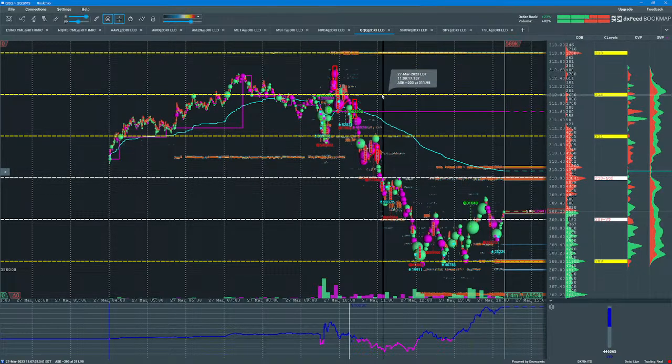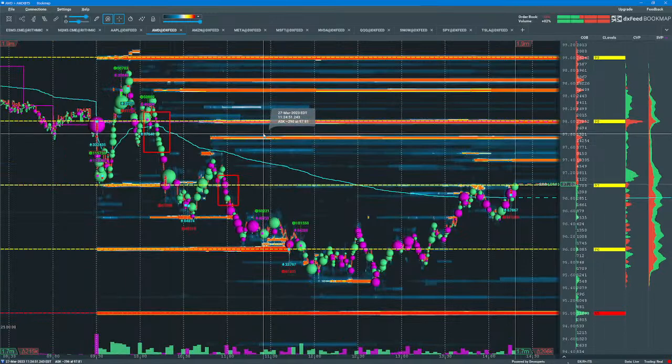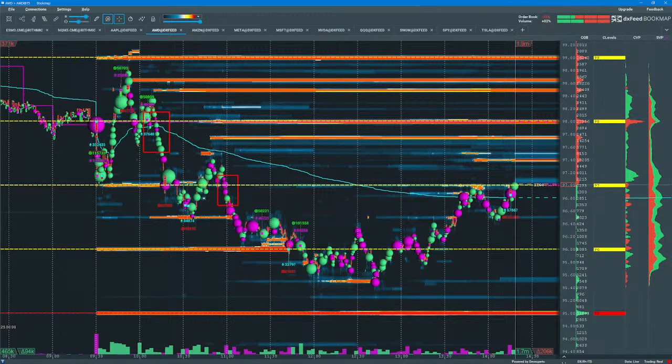Okay, so that was Apple. Here's AMD. Let's go take a look at HIRO, and notice all the green dots there, even if the price is falling. This is one reason that for AMD, I really don't look at CVD. It's often moving in the opposite direction of price, and that's typical of AMD.